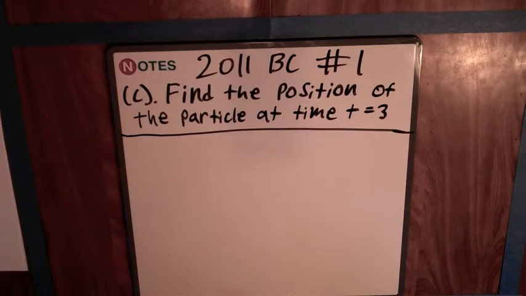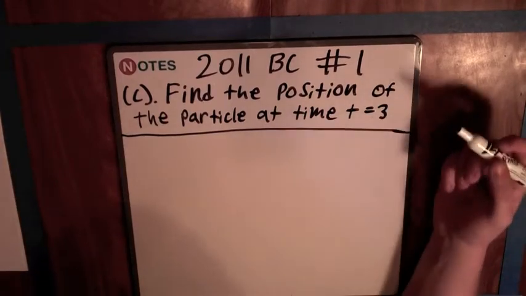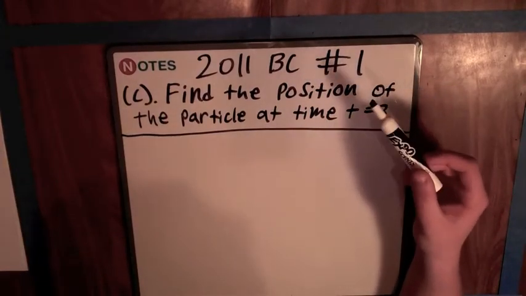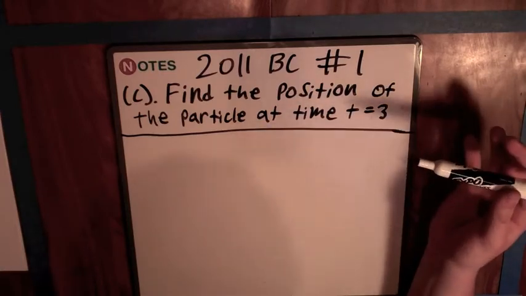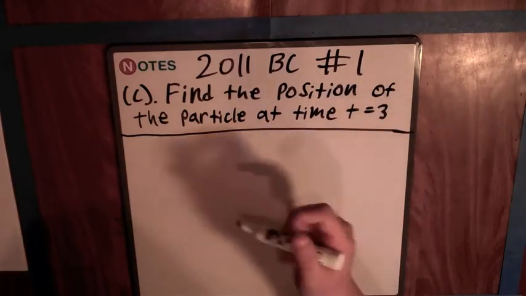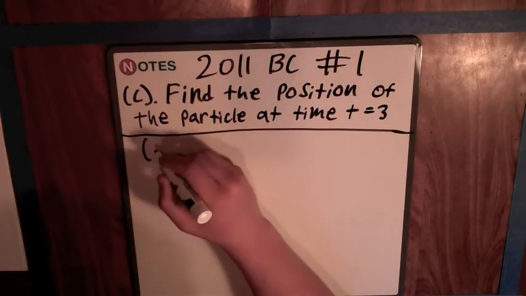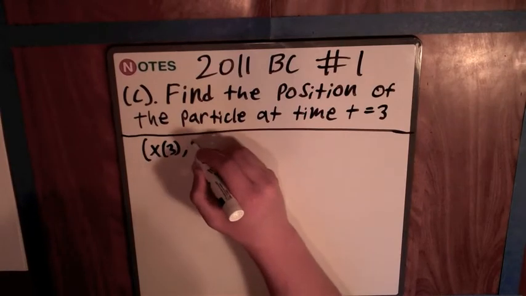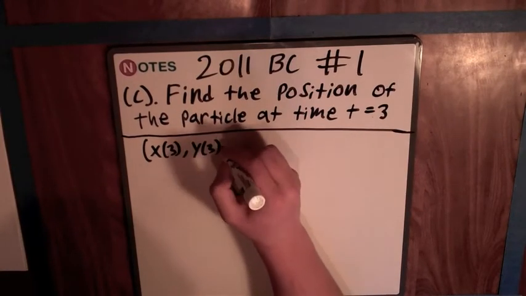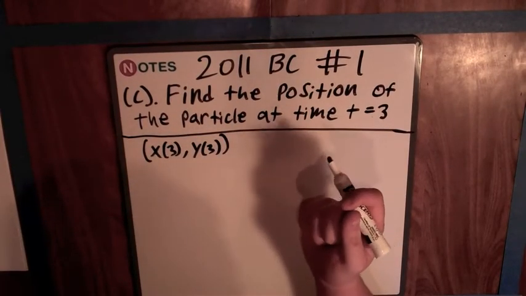Part C. Find the position of the particle at time t equals 3. So for this, we are trying to find the position of the particle at time t equals 3, which, as a final answer, will look like this: x of 3, y of 3, because we are in vector form.